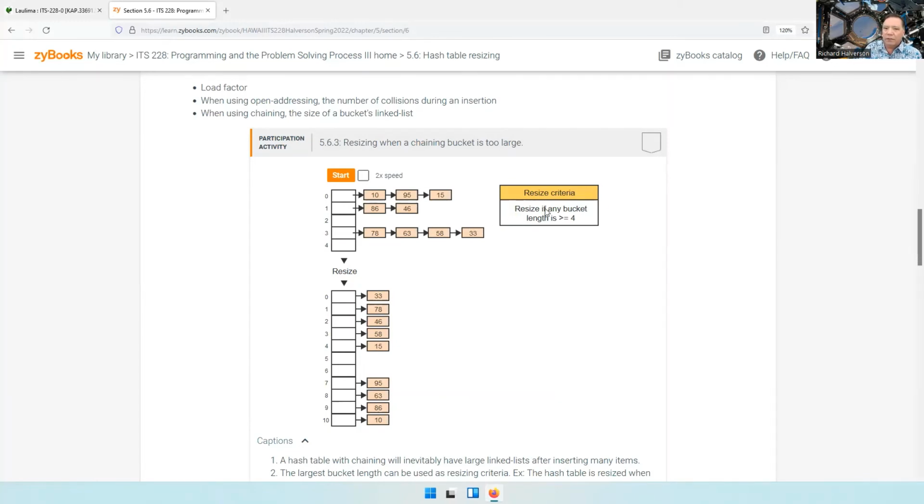The resize criteria is when the bucket lengths get to be greater than 4. So here we are, we're chaining, and this one's getting pretty big, and let's say it's time to resize. So you decide, instead of 0 through 4, a 5 sized hash table, you go to an 11 sized hash table.